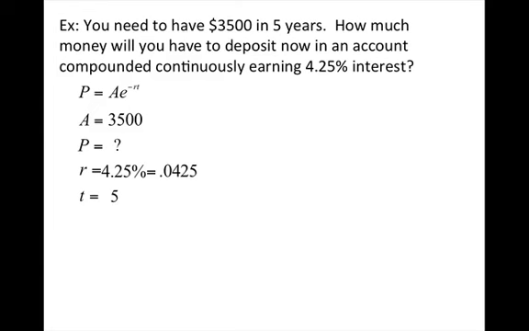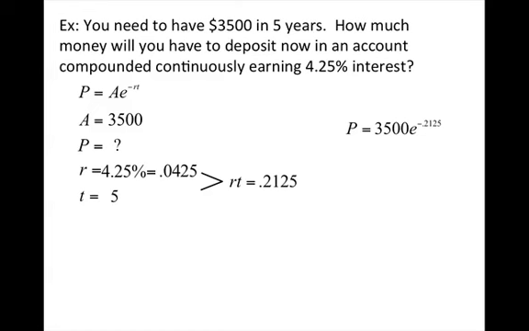And just like before, my exponent was RT, so I want to multiply the R and the T. 0.0425 times 5 gives me 0.2125. Now plug these into the formula, and I get P equals 3,500 times e raised to the negative 0.2125.